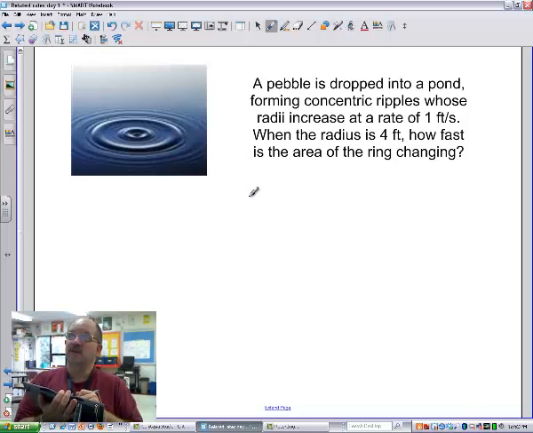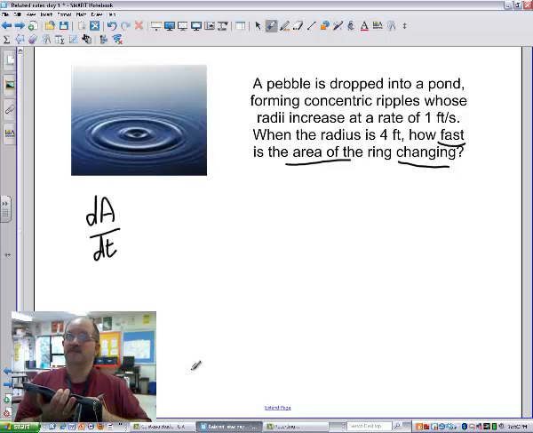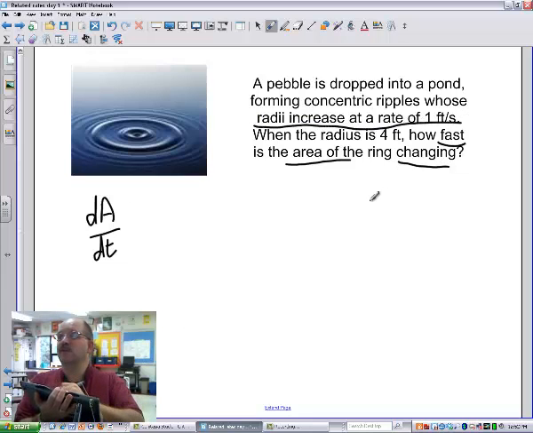Alright, what we want to know is how fast the area is changing. So we want the rate of change of area with respect to time. We know that the radius is increasing at a rate of 1 foot per second, so the rate of change of radius with respect to time is 1 foot per second.